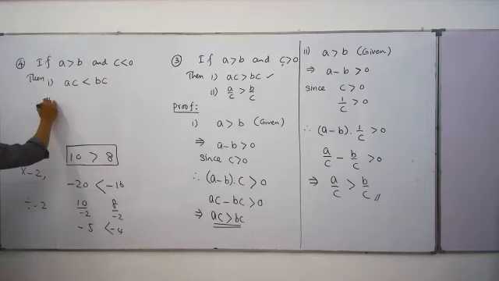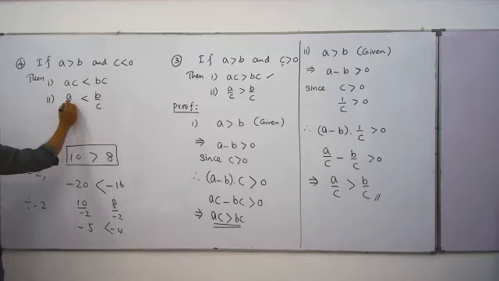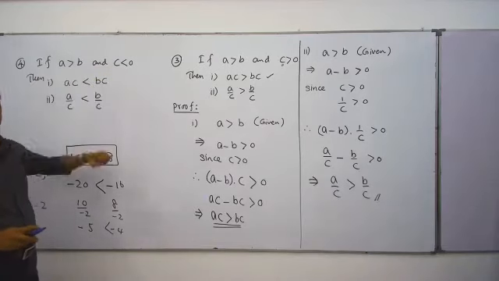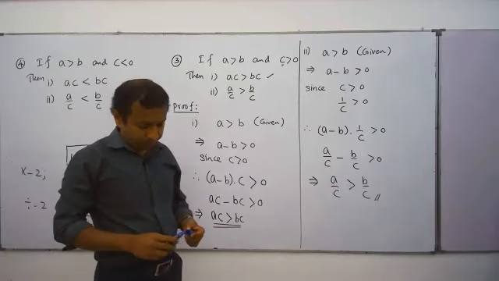Number 2, A divided by C smaller than B divided by C. If A greater than B and C less than 0, C negative, this way we can write the two results. Right? Write down the next theorem.